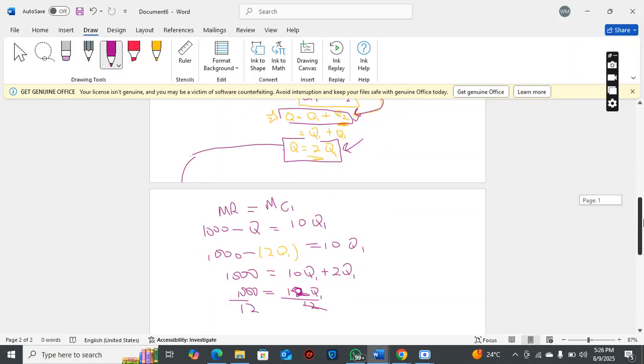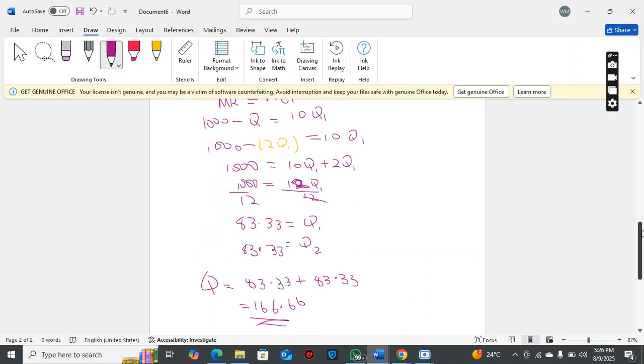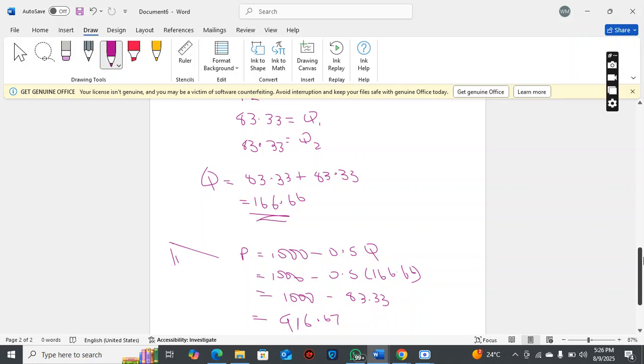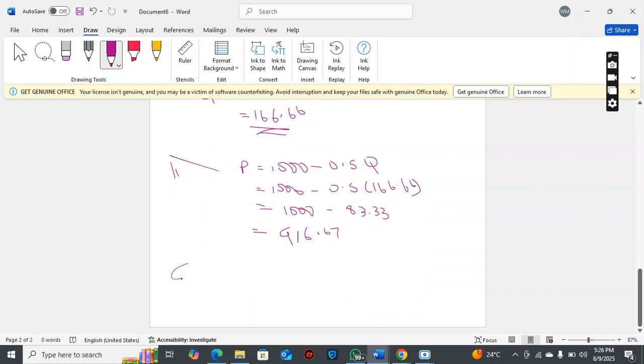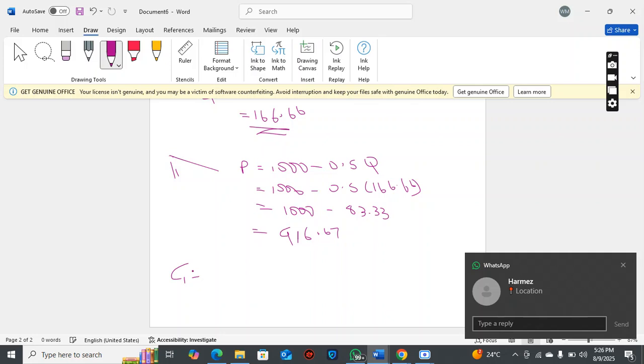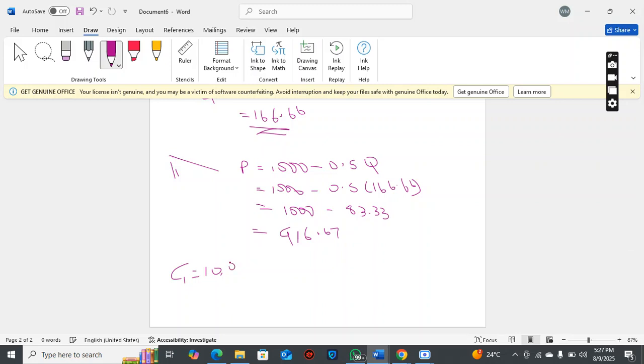Okay, so let's do that. C1 equals 10,050 plus 5 times Q1 squared.